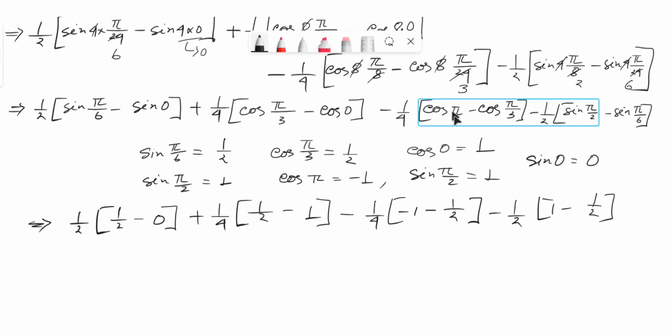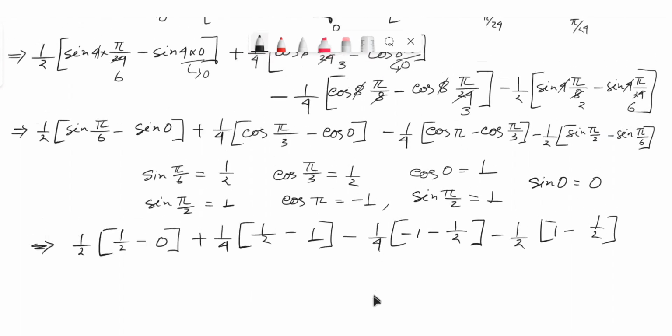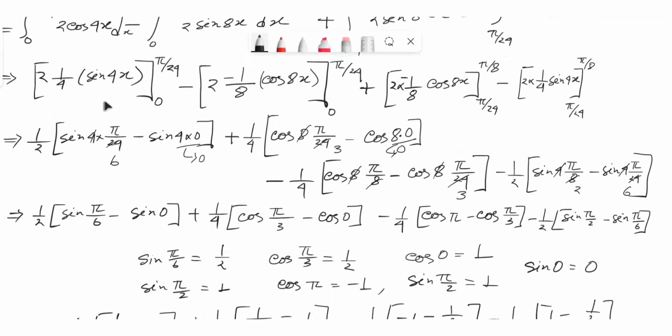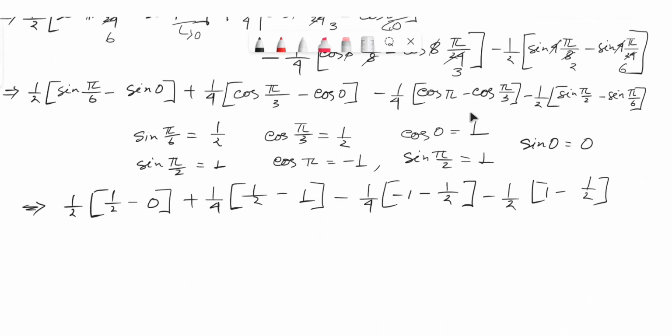One thing we need to mention here is that we have integrated this part, so it will give us a c here. You can write that c, but we do not need to write it here because we are simply asked to find the area. Okay, so let's find the area. Let's take the LCM. From here we have 1 by 4 plus, from here it will give us simply minus 1 by 8, right?